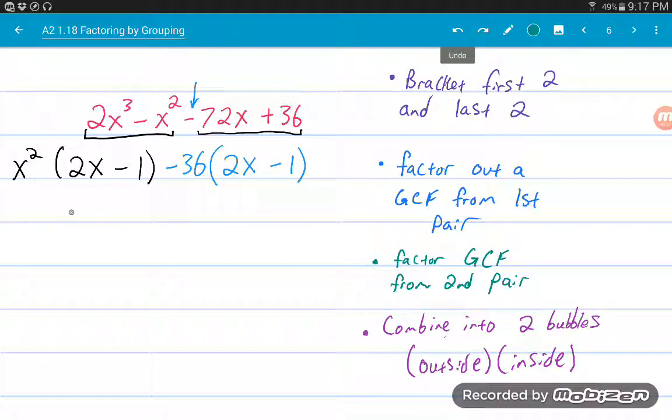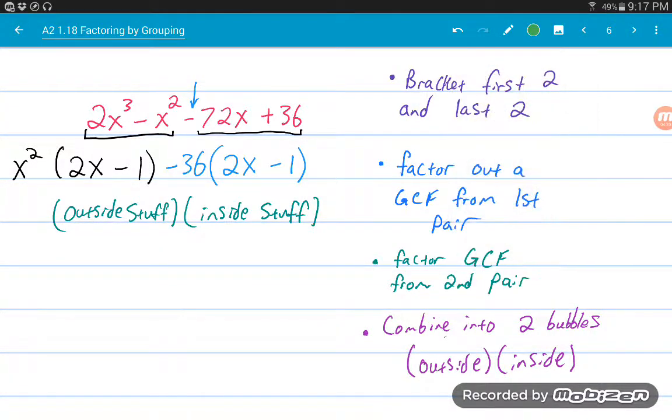What I'm going to do is combine my terms into what I call the outside stuff, which is going to go in one bubble, and the inside stuff, which is going to go in a second bubble. What I mean is what's inside and outside the parentheses above. So outside stuff is like this and this. They're outside the parentheses.